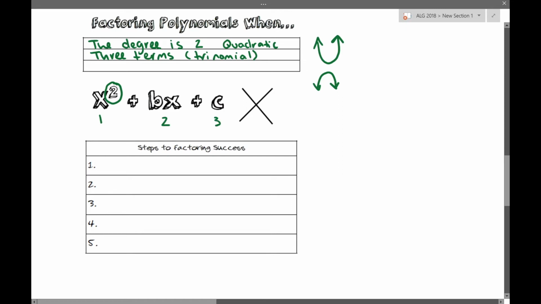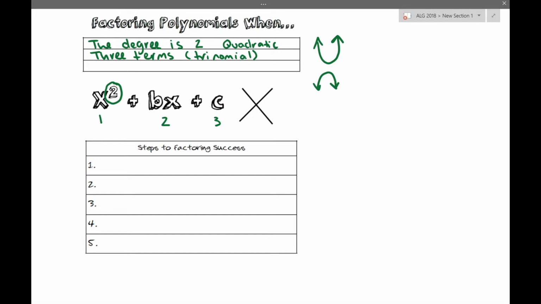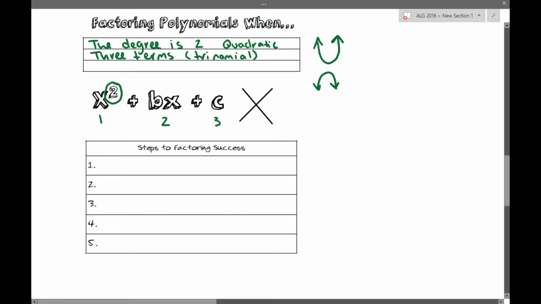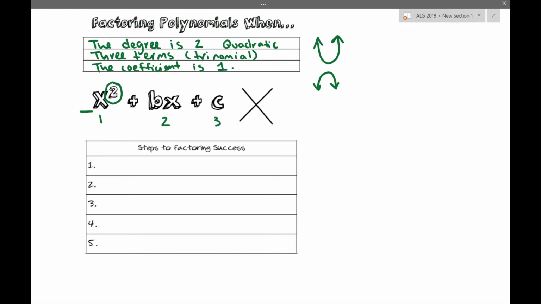Last thing, the coefficient, meaning the number in front of the x squared, is 1. There is no number there, so this only works when the coefficient is 1. If I have a number there, I cannot use this method.